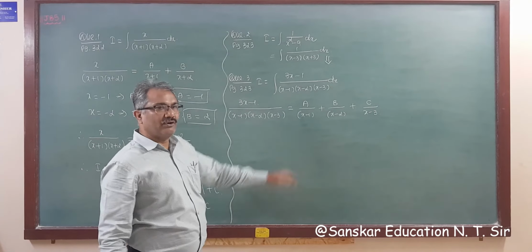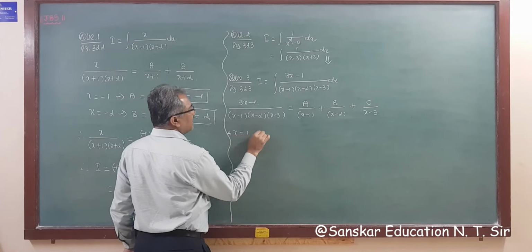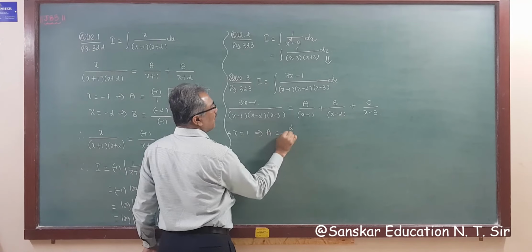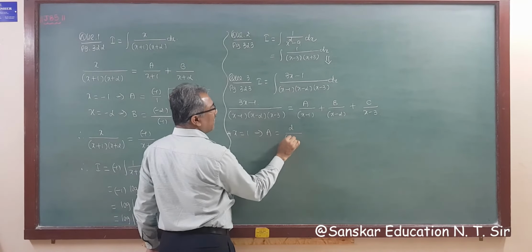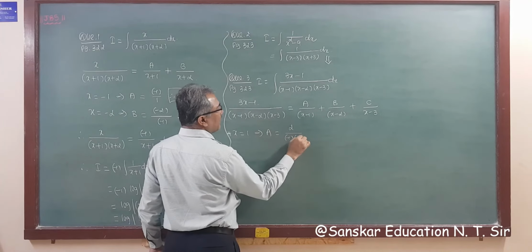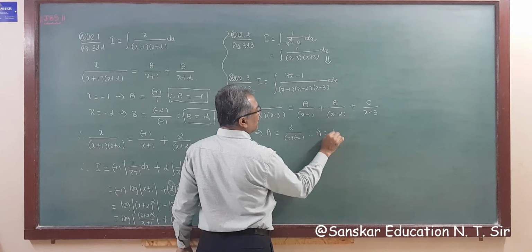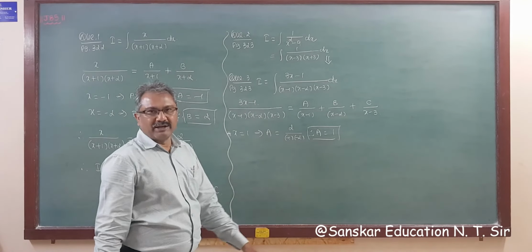Now taking x is equal to 1, what we get? 3 minus 1 is 2, whole upon (1 minus 2)(1 minus 3), this cancels, so A is equal to 1, right?